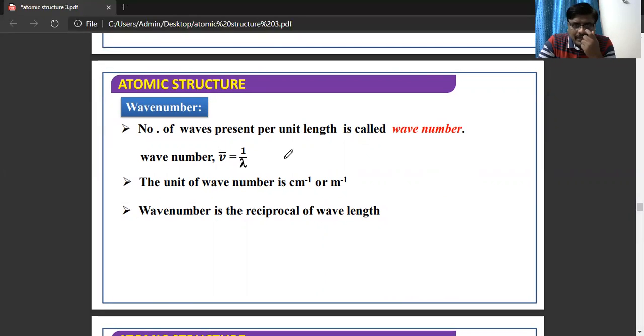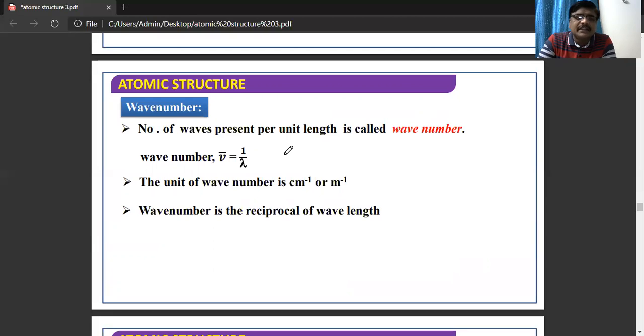Next, coming to the wave number. The number of waves present per unit length is known as wave number. In other words, we can define wave number as the reciprocal of wavelength.